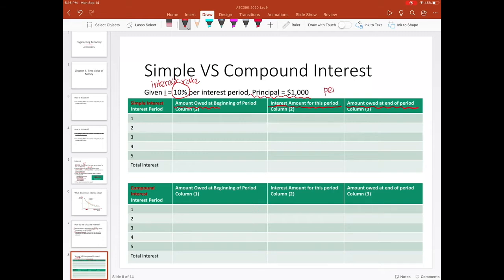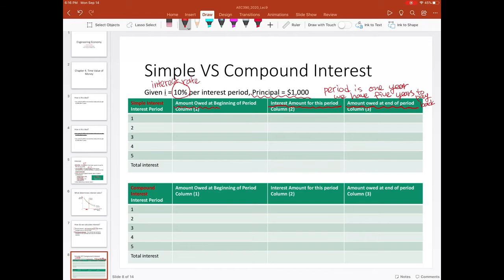Here, let's say the period, or how long do we calculate? We calculate it every year. How about that? So the period is 1 year, and we have 5 years to pay back. So that's the condition.